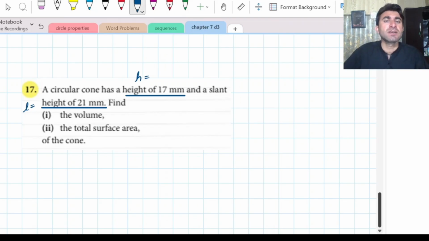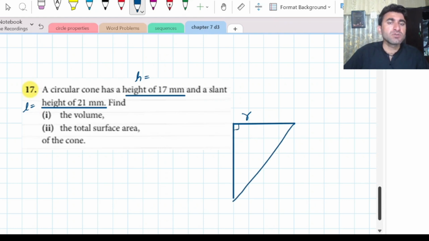So we will again find the radius with the help of the Pythagorean theorem. Remember that if this one is the radius, then the vertical height h is over here, they are perpendicular, and the slant height is the hypotenuse of this triangle. This is the slant height L, this is the vertical height h. H is given as 17 and the slant height is given as 21.